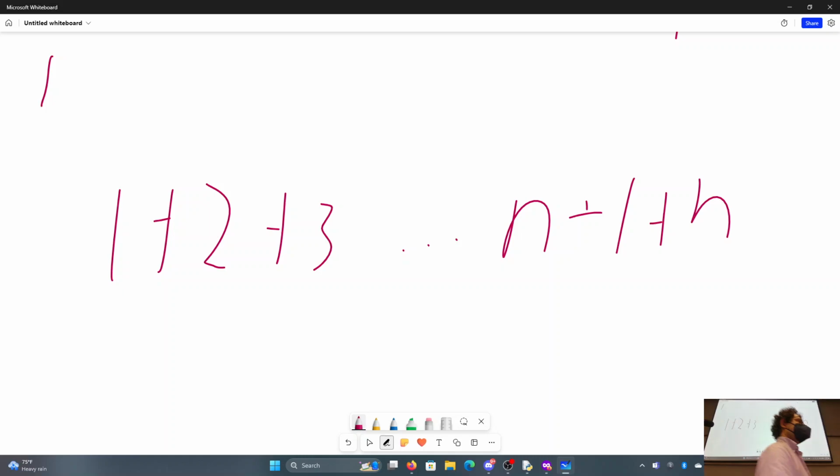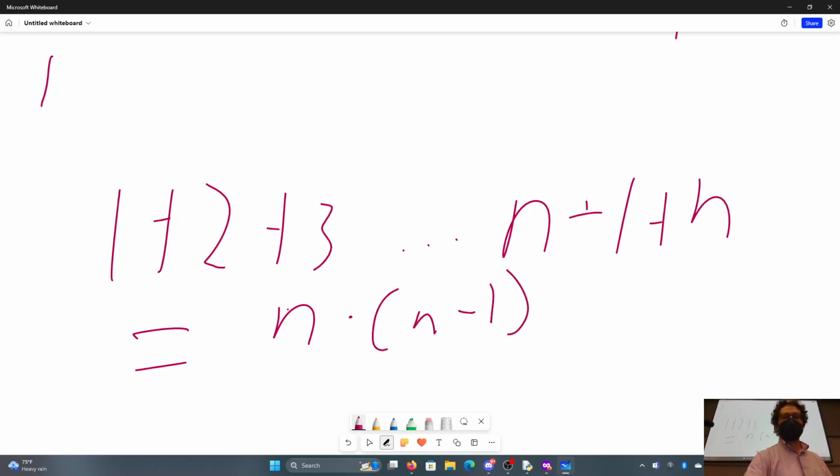And you'll be asked, what does that equal to? And part of what they'll teach you in Calc 2 is via induction, that actually has a very simple, nice equation, which is n times n minus 1 over 2.